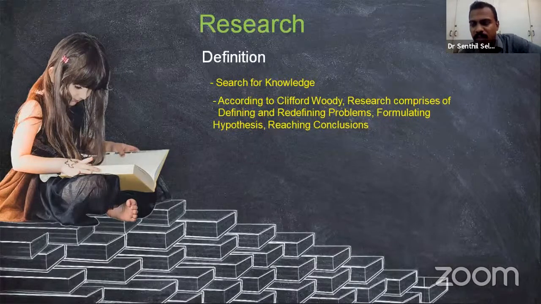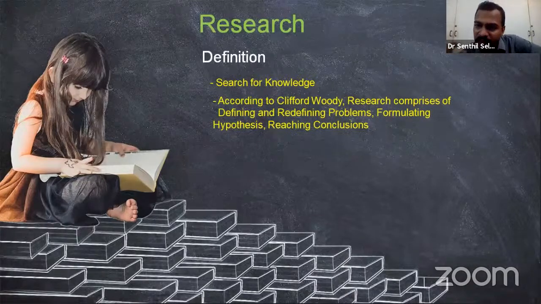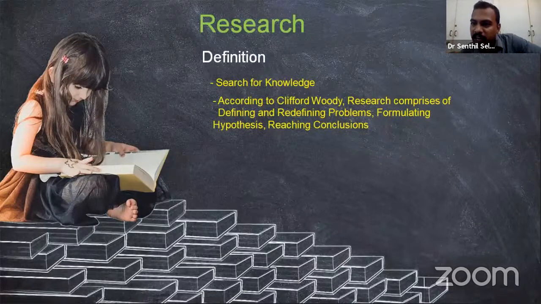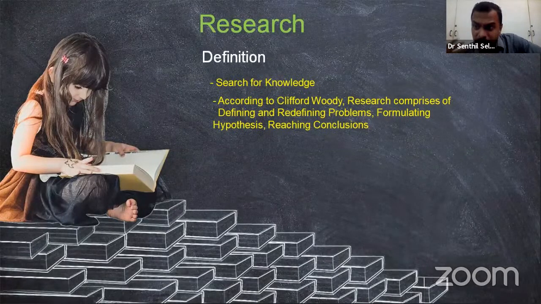So what we will do if somebody is asking a new concept to us. So first we need to define that problem. Not only define, that is redefine a problem. After redefining it, we have to formulate a hypothesis. We have to formulate an assumption. So after doing these preliminary works, then we have to go for the data collection.